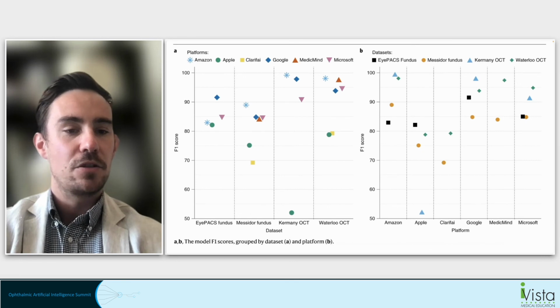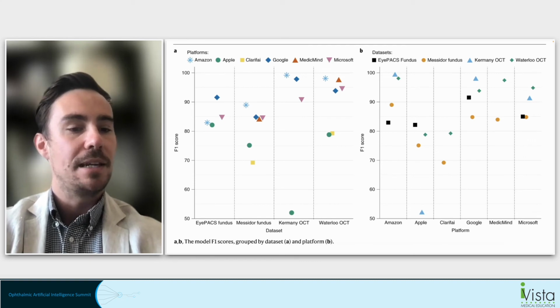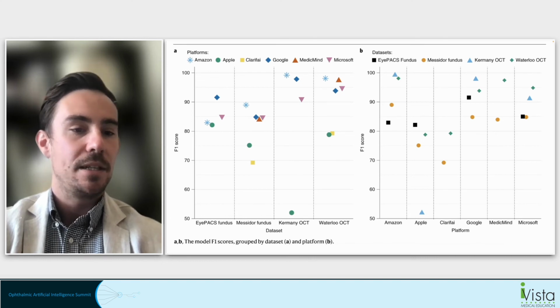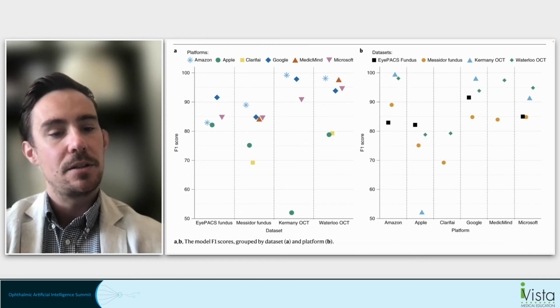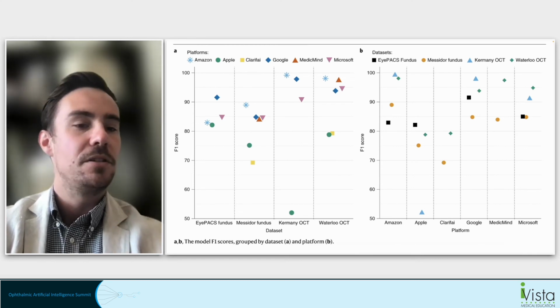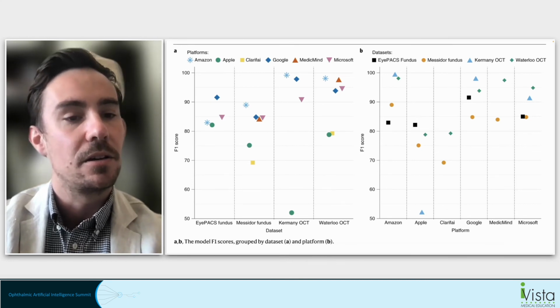And so for our actual performance evaluation, you can see in the left-hand panel these models broken down by data set, and each of these points is a separate trained model. We can see that they all generally perform well in their F1 scores. And we can also see that OCT models perform better than fundus models. So this is probably due to the lower dimensionality of OCTs, them being non-color and things like that.